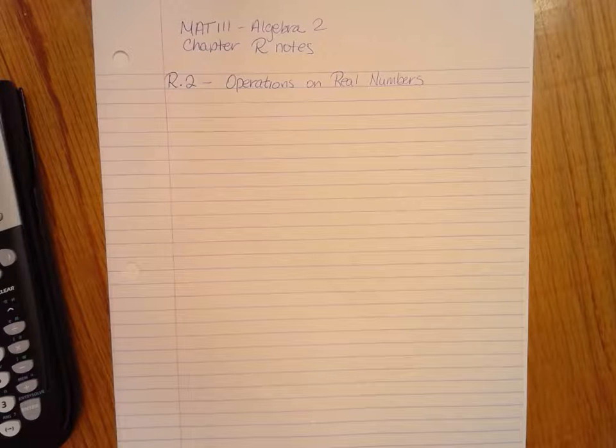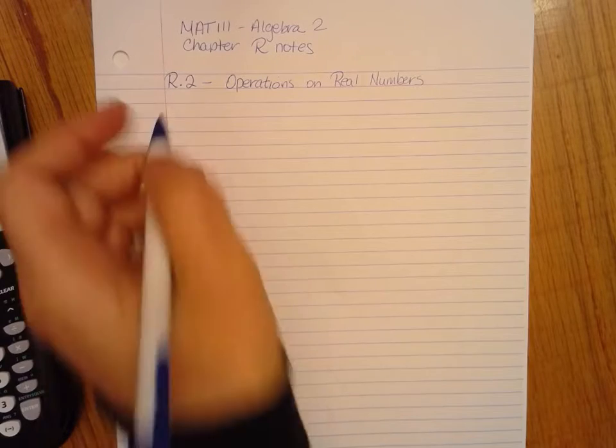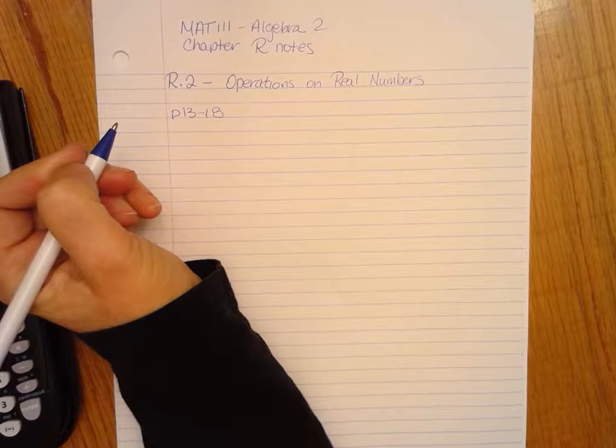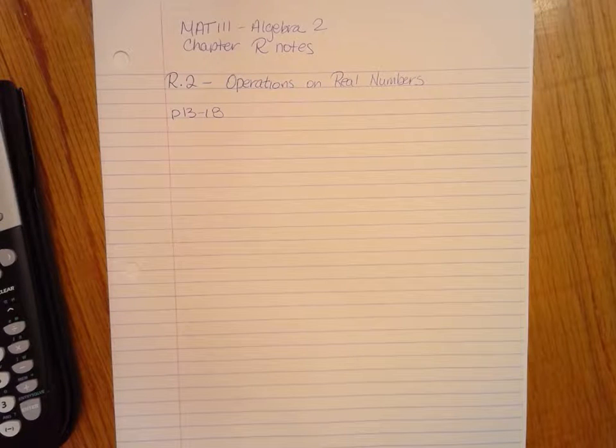We're on Chapter R.2. You can read this section and go through all the specifics. It's from page 13 to 18, but I'm going to give you my take on operations on real numbers.